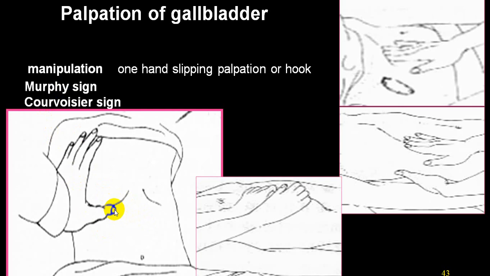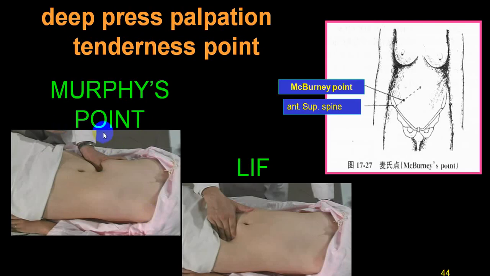This is because of tender gallbladder, very classical in case of an acute cholecystitis. So at a Murphy's point, if you get a pain, it is very frequently because of cholecystitis or enlarged inflamed gallbladder.